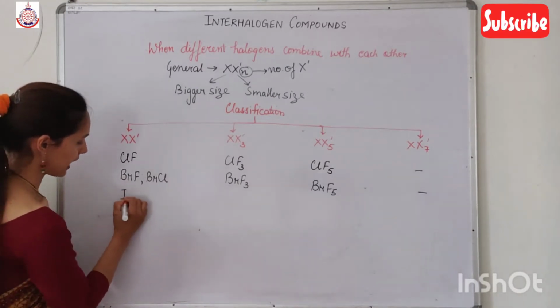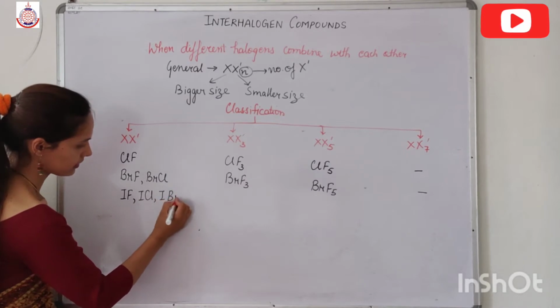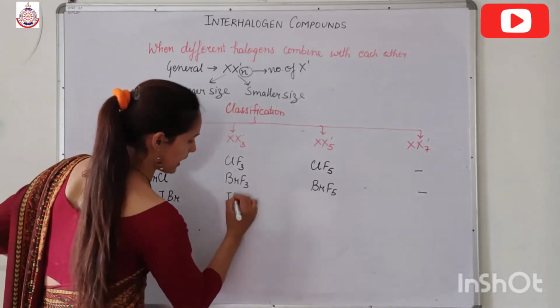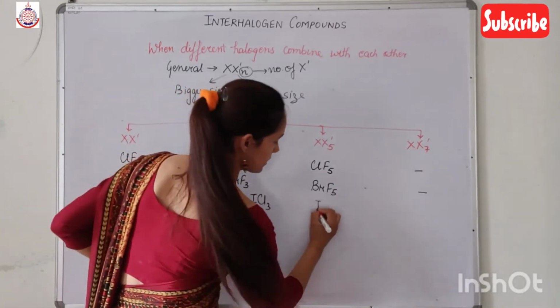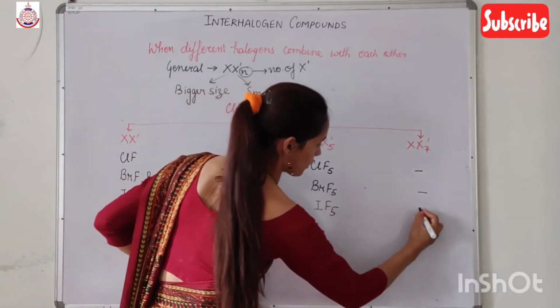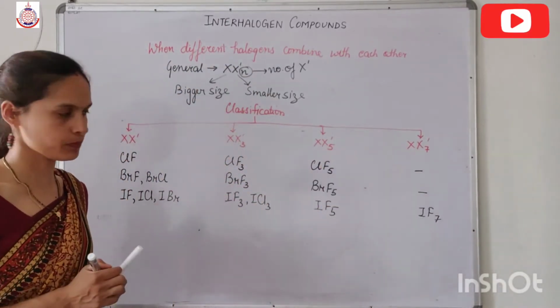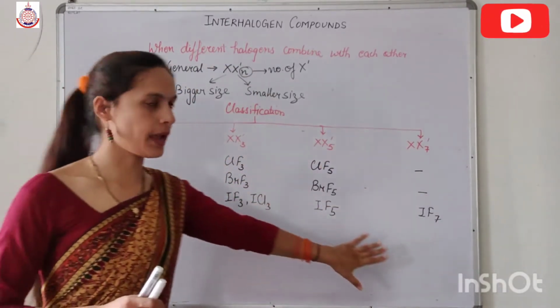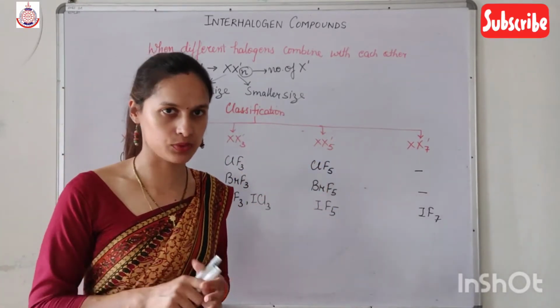We get IF, ICl, IBr. We get IF3, ICl3. We get IF5 and we also get IF7. So these are the examples of different interhalogen types.